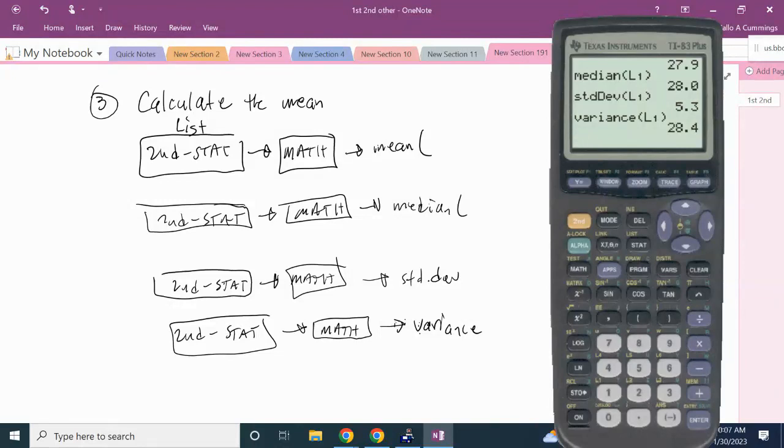We can also find the minimum value and the maximum value. If I go back into the list, which is second stat, and scroll over to math, notice the first option says min, that's the minimum value. For list 1 it gives me the smallest number, which is 20.